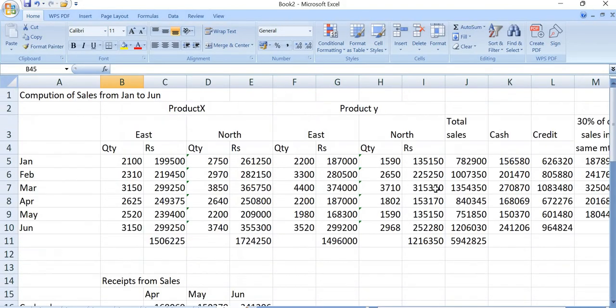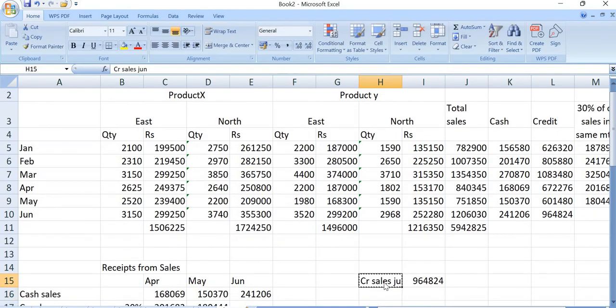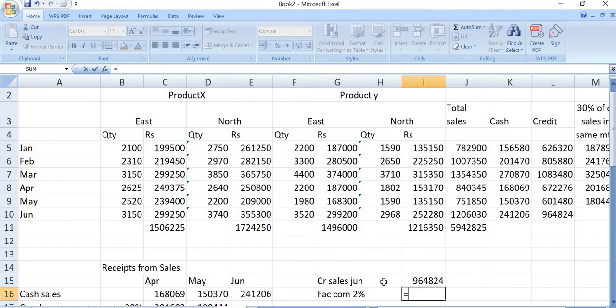So since this is 50%, I'm using the same calculation. So now fixed cost 4 lakhs, and here we are having factoring commission for June month. So we are paying 2% as factoring commission. So my total credit sales for June is 9,64,000.